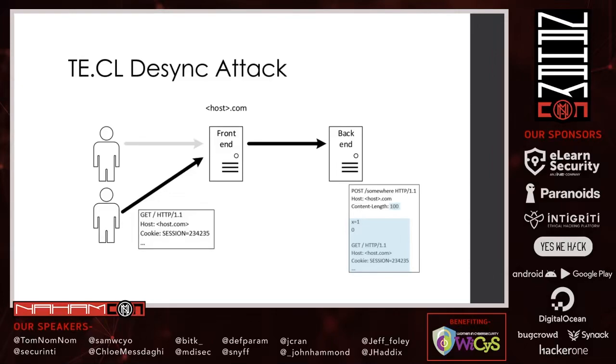If that POST to /somewhere is accessible by the attacker, the attacker now has visibility to the session cookie that was placed into the web request that was initially sent.